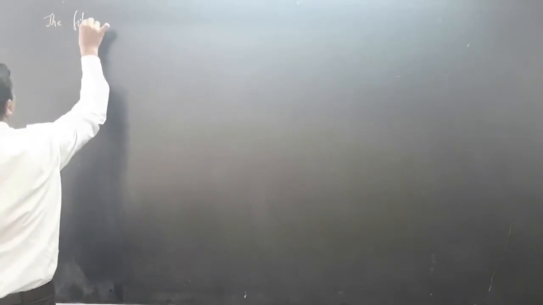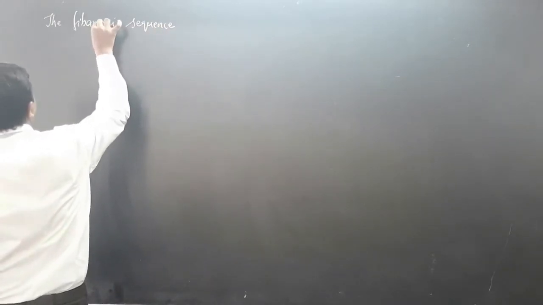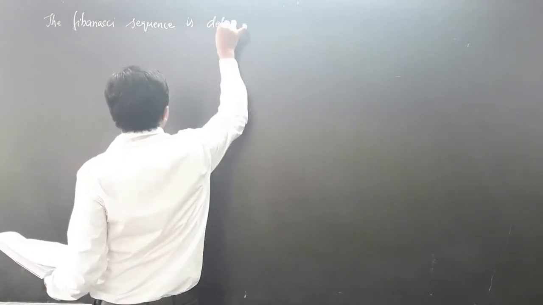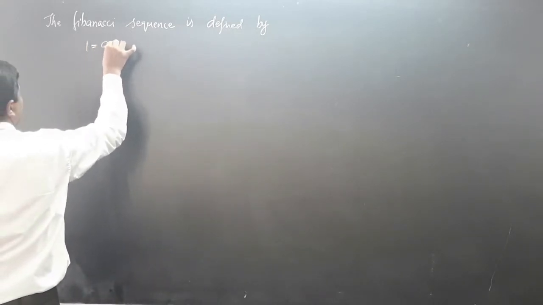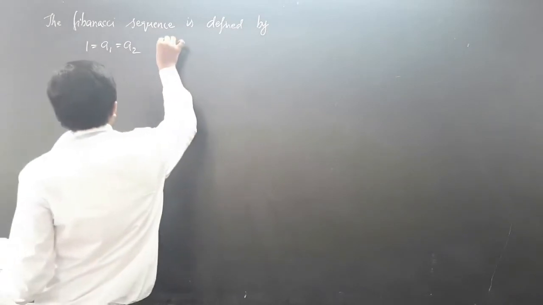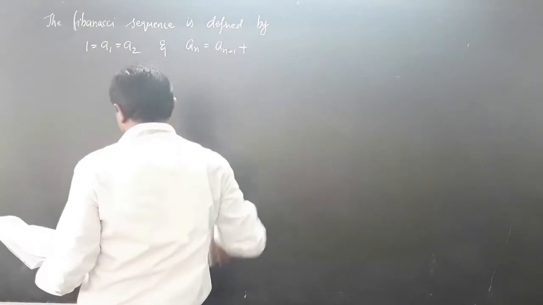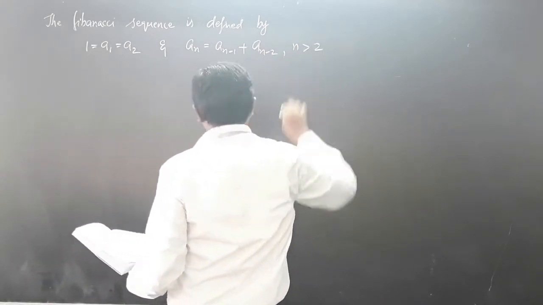Write down the next question. The Fibonacci sequence is defined by 1 equals A1 equals A2 and AN equals AN minus 1 plus AN minus 2 for n greater than 2.